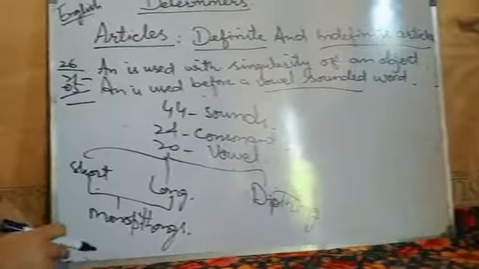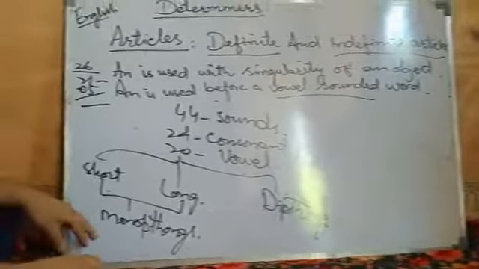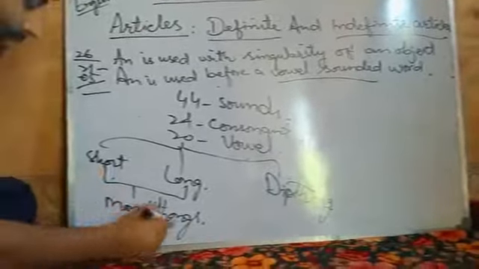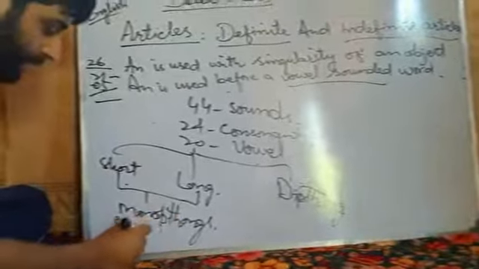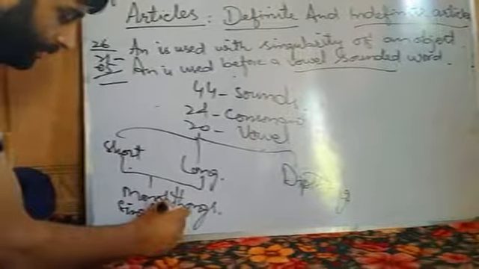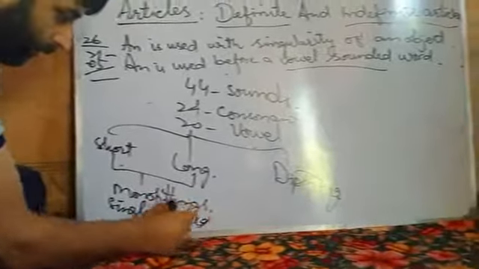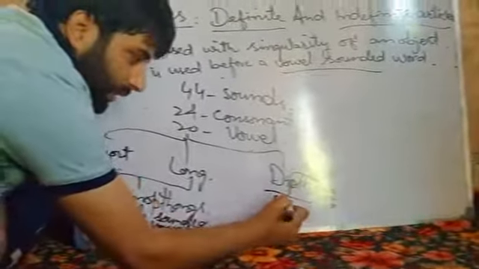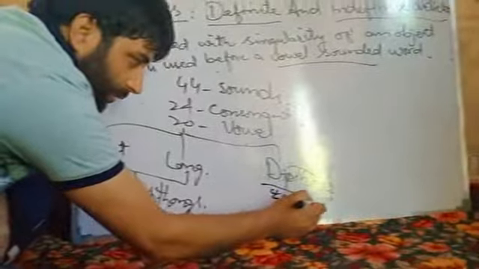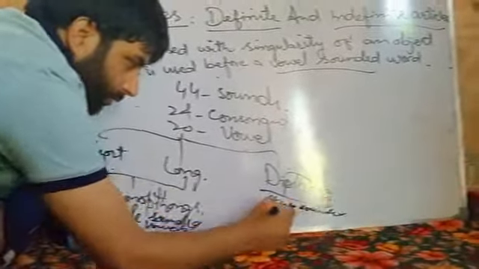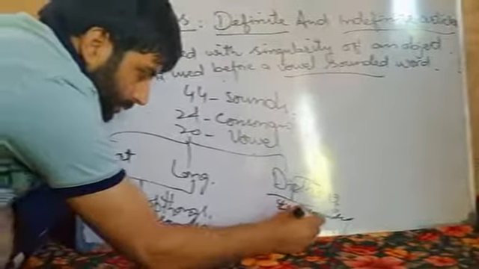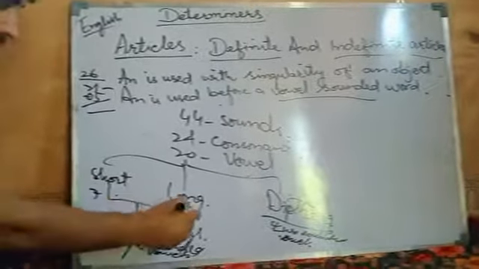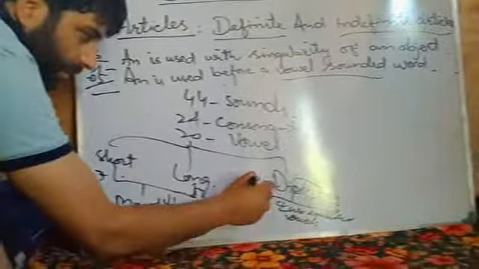In science, we have learned what mono means. Mono means single, and thong means sound. It shows single sounded vowels. And di means two, so diphthongs are two sounded vowels. Short vowels are 7, long are 5, and diphthongs are 8.